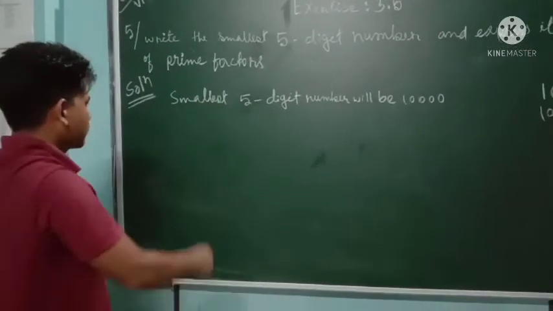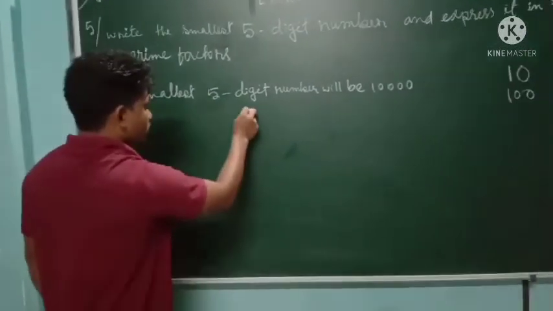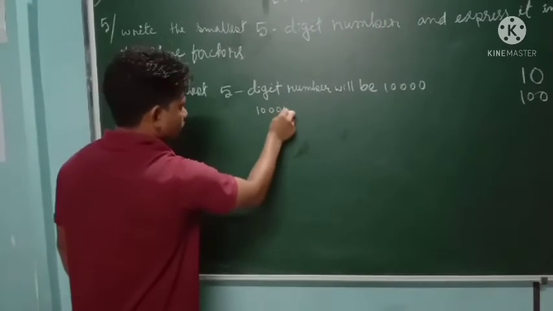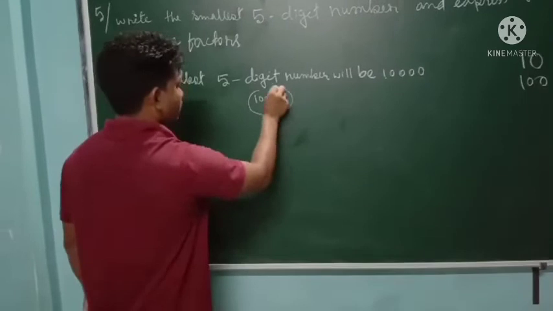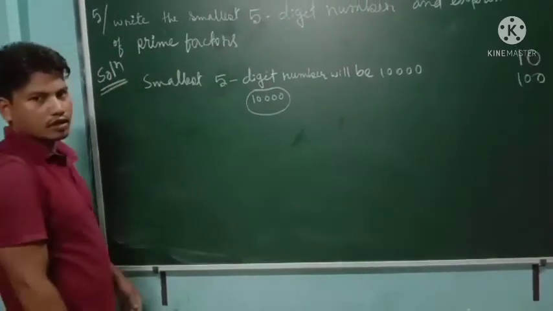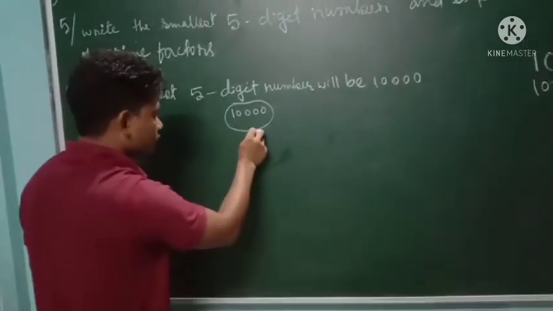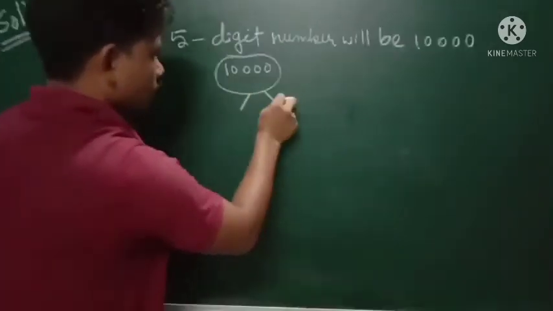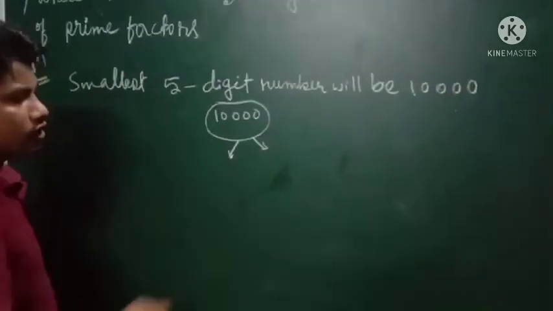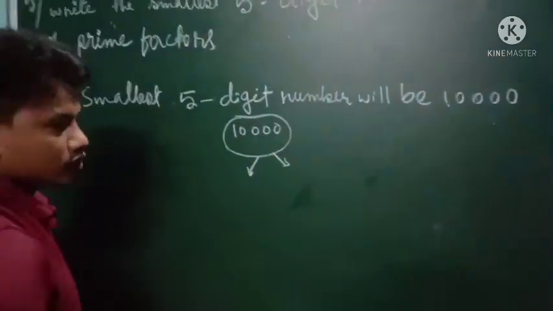So students, first of all, you have to write this 5-digit number, 10000, in a circle. So this 5-digit number we can divide.